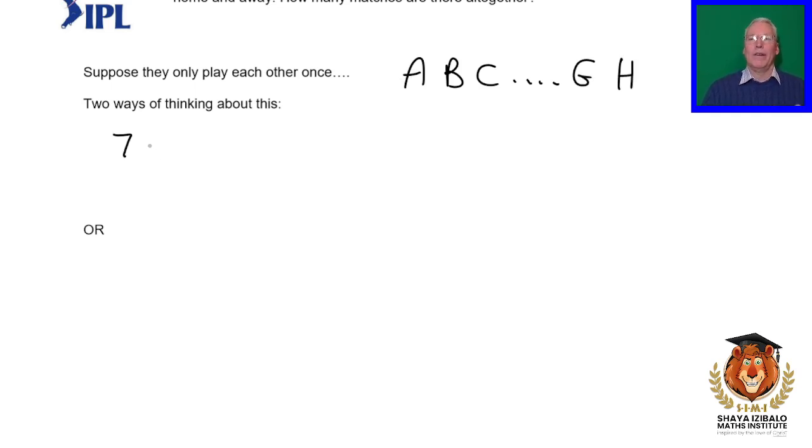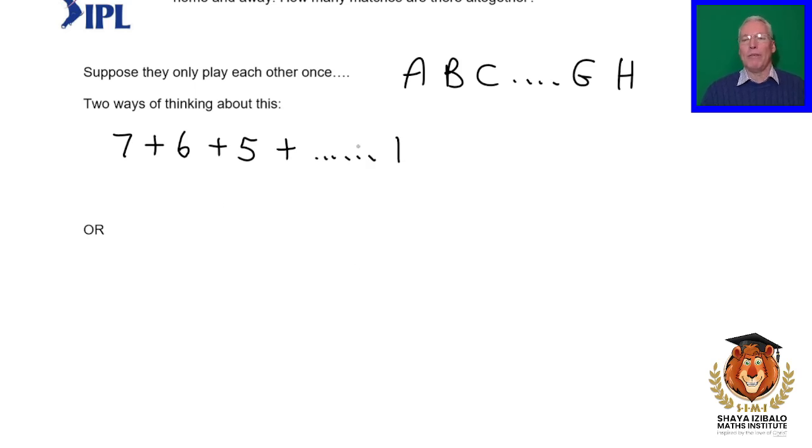Team B will only have to play 6 matches because they've already played Team A. Team C will only have to play 5 matches, and so on. And this goes down to 1.